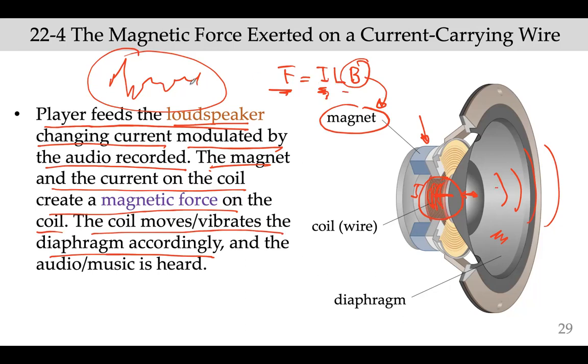So basically, the recording makes the current change according to the recording. Since the current is changing in time, the force is also changing. So this going in and out of the diaphragm produces the sound according to the recording. So this is how a loudspeaker works.